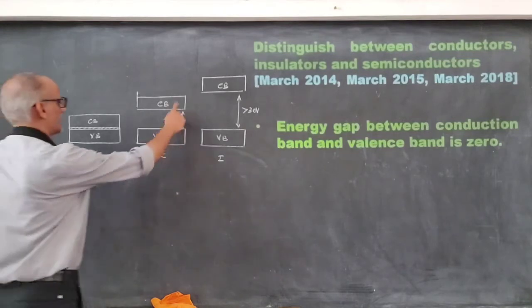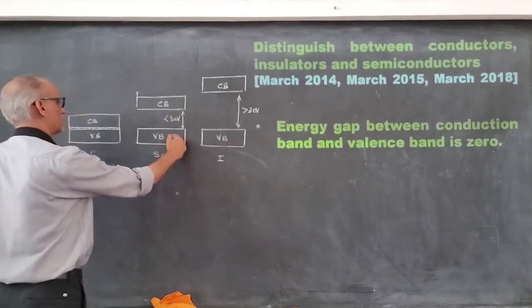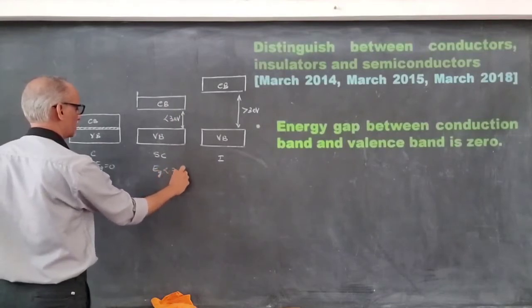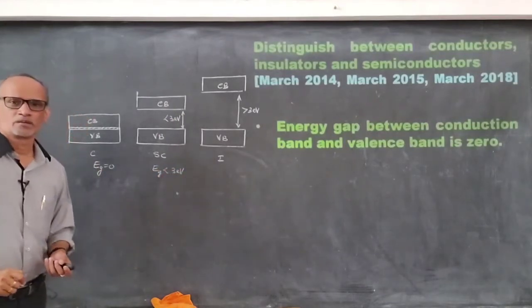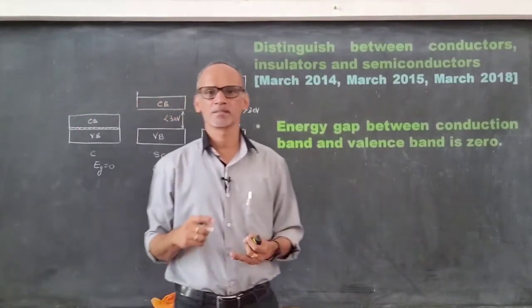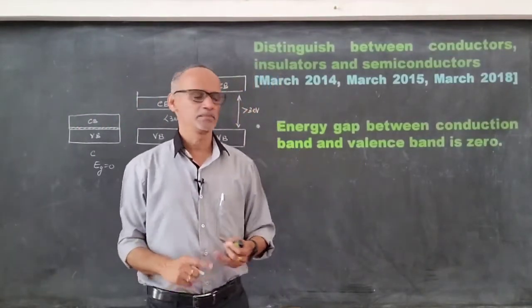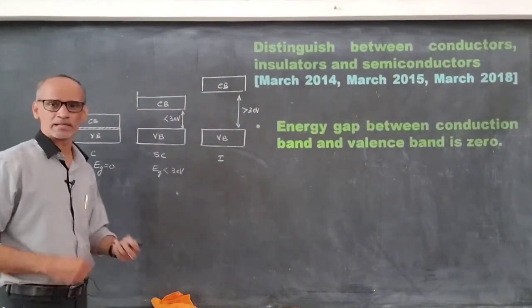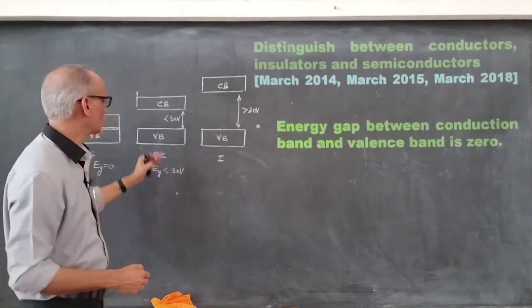Whereas, the energy gap in semiconductor between the valence band and the conduction band is lesser than 3 electron volt. We have semiconductors in the purest form: one is silicon, and the other is germanium. In germanium, this energy gap is 0.7 electron volt, whereas in silicon it is 1.1 electron volt.